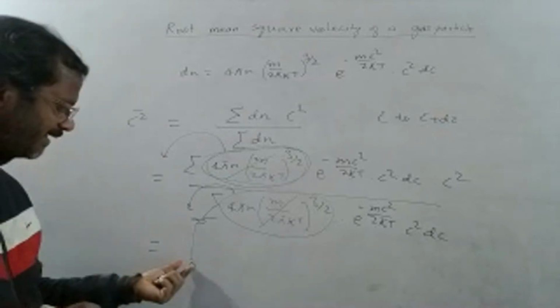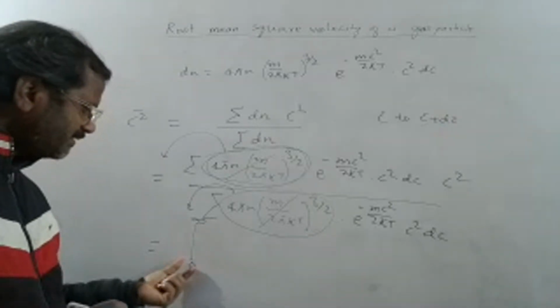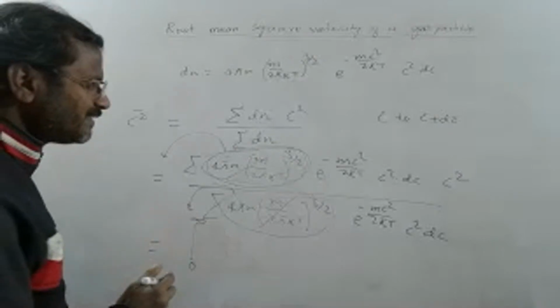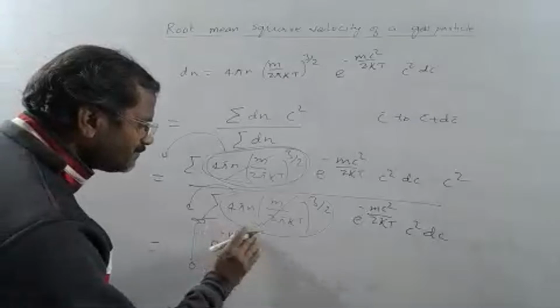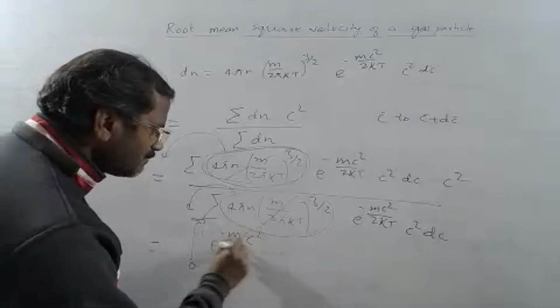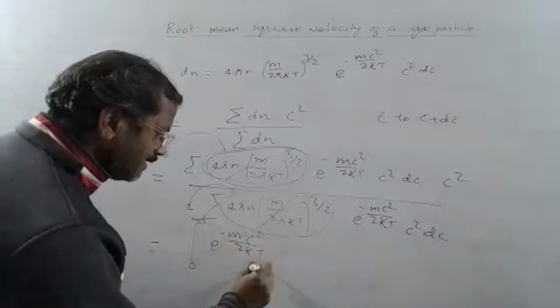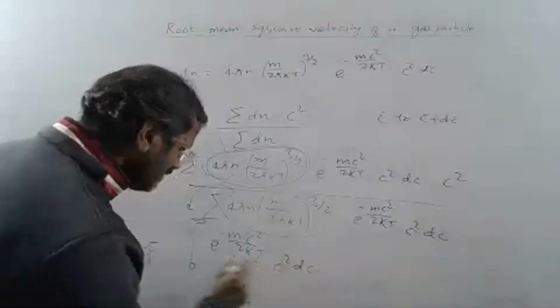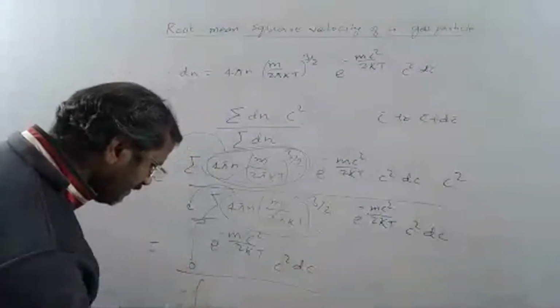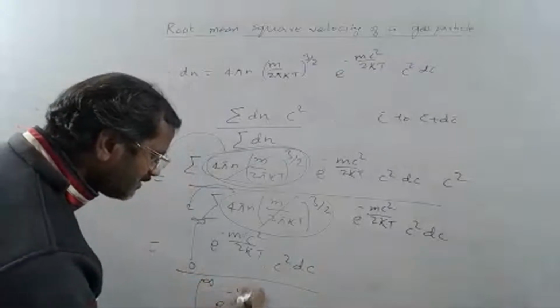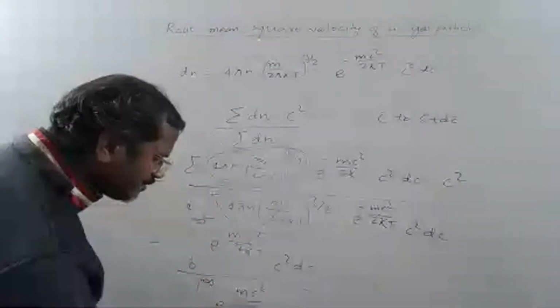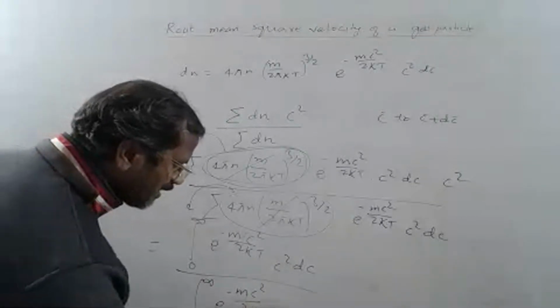So we take the limit from 0 to infinity of e to the power minus mc square by 2kT into c square dc, divided by the integral from 0 to infinity of e to the power minus mc square divided by 2kT into c square dc.